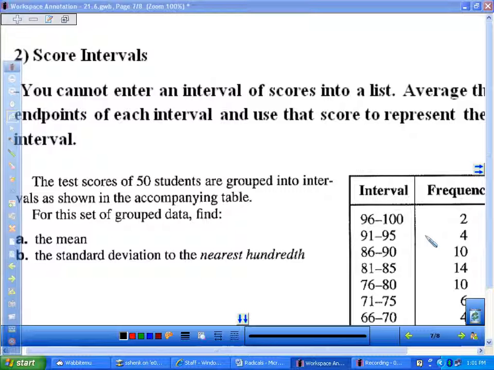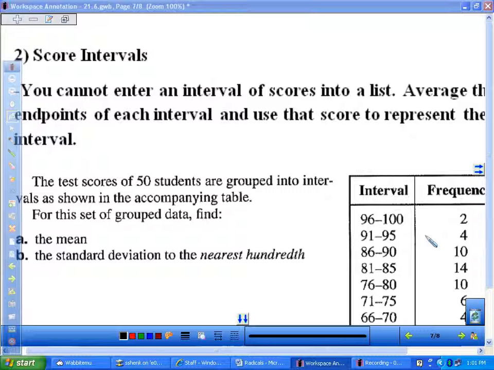For 91 to 95, we will be entering in 93, 88, 83, 78, 73, 68. If they give you an interval of scores, you have to average your interval out. And that's the score that goes into L1.